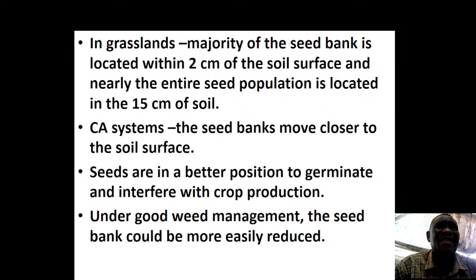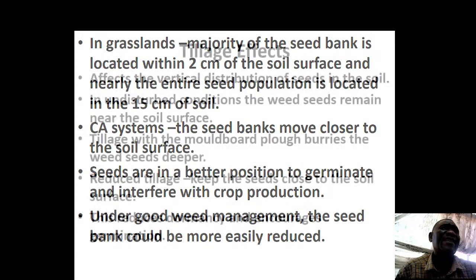In conservation agriculture systems, the seed banks move closer to the soil surface. Seeds are in a better position to germinate and interfere with crop production. But under good weed management, the seed bank could be more easily reduced in conservation agriculture.